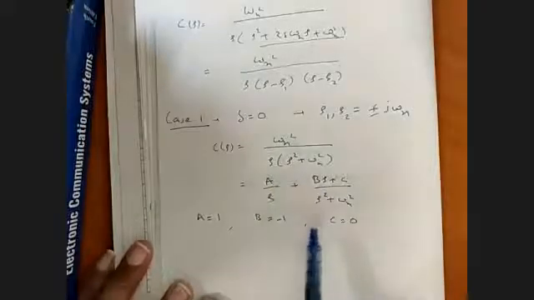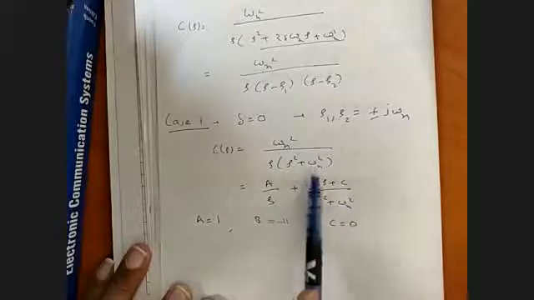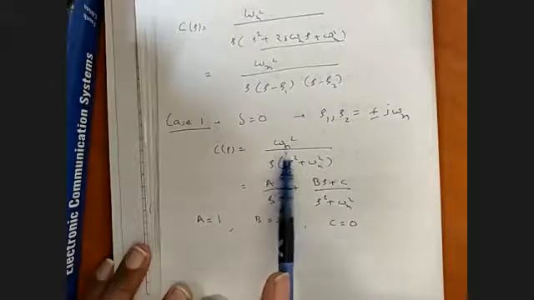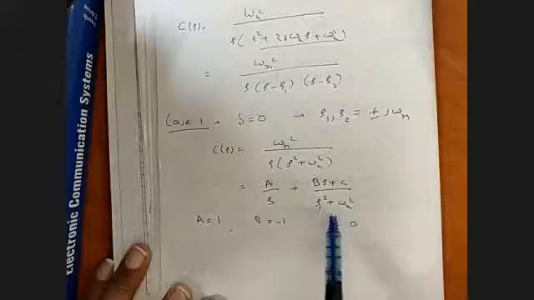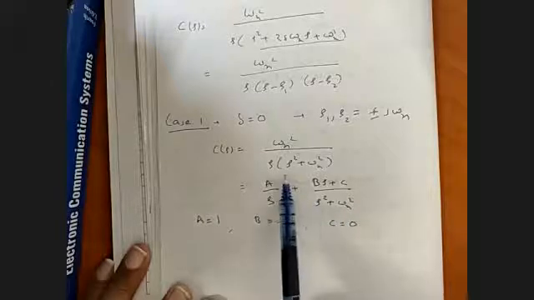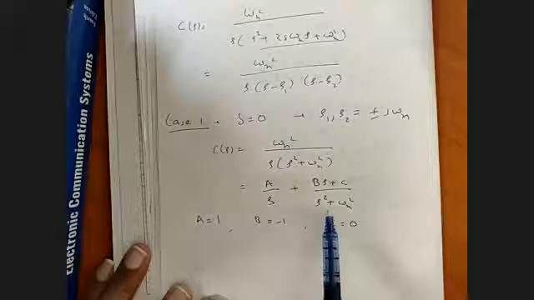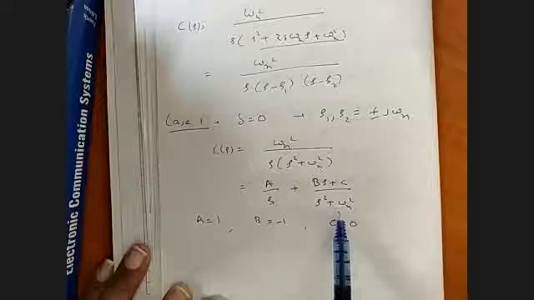Then we will find B as s into s square plus omega n square divided by s square plus omega n square, so s square plus omega n square cancels and s cancels, so that will become omega n square, and s square will become minus omega n square. When we put s square equal to minus omega n square, it will become minus 1.